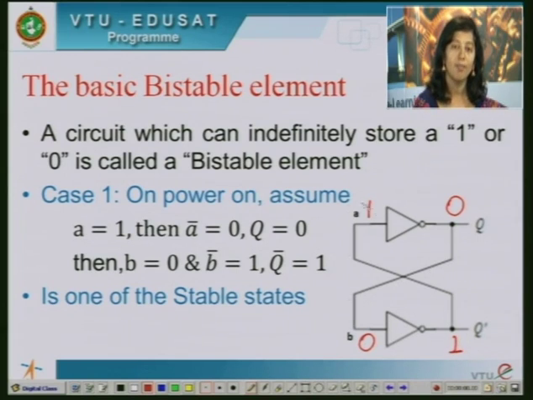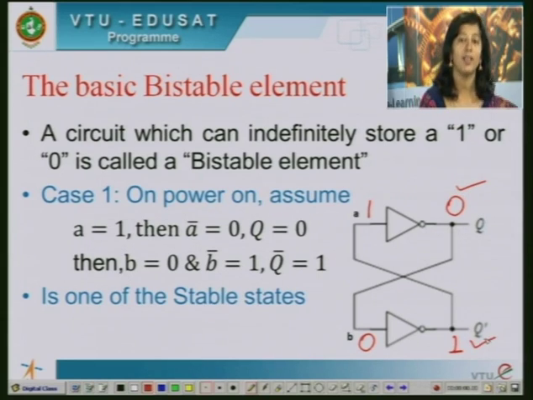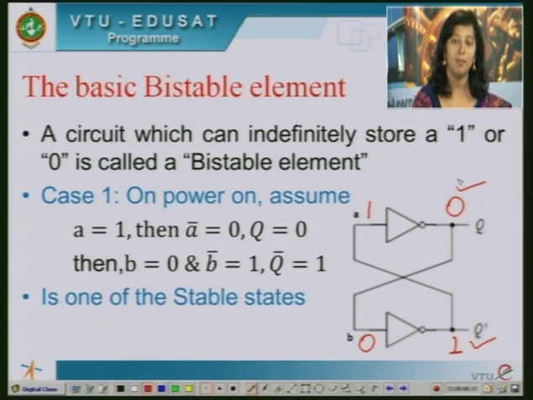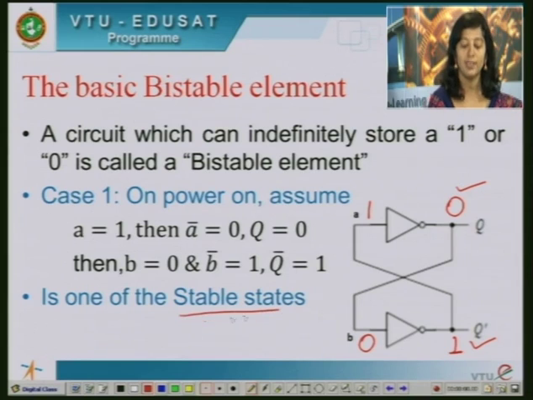So you can see the permanent state of the output: Q will be 0 and Q bar will be 1. Output will permanently remain in this state, and hence this is called one of the stable states of the multivibrator. So it is one of the stable states, the 0 and 1 state.